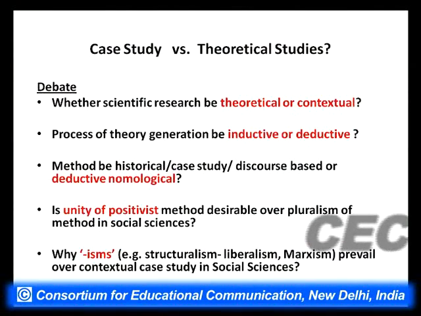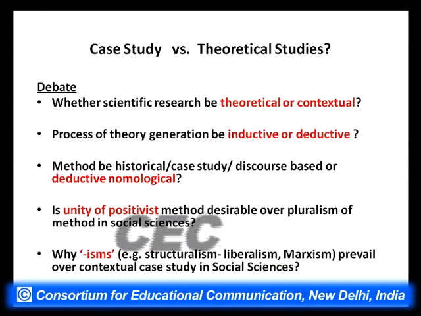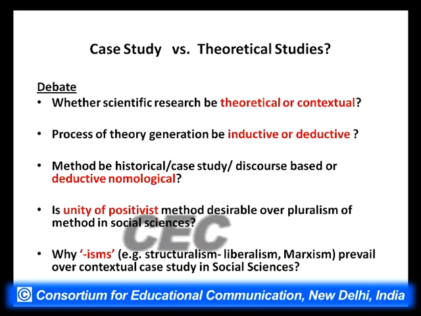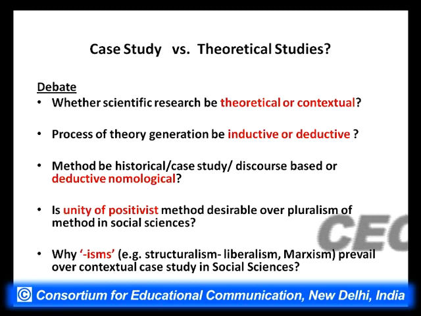So method, and one more important thing that you have to remember is whether the method be historical, case study, discourse based or deductive nomological. So these are the things that you have to remember when you try to do a research, and you have to understand why some of these methods you have to master before you do the research.